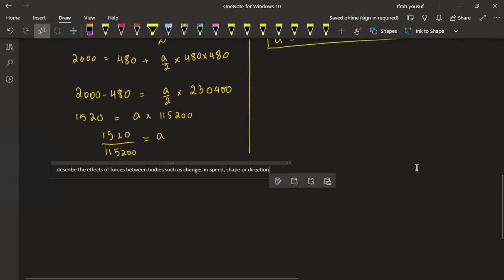So describe the effect of forces between bodies such as change in speed, shape, or direction. Do you think we have already touched upon these things, right?